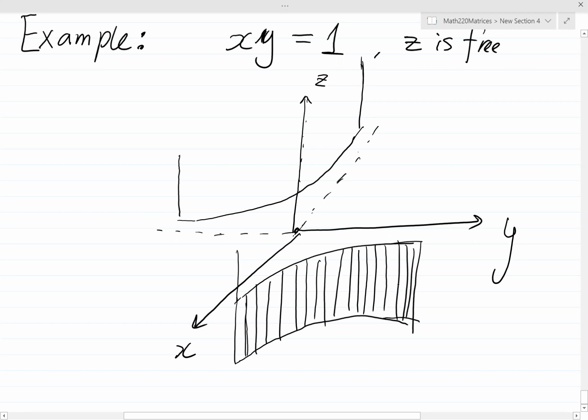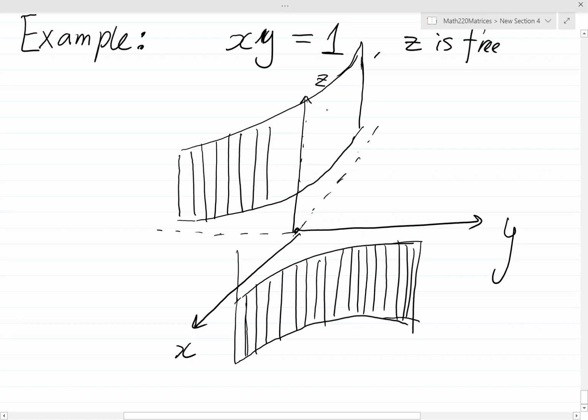And here we have this kind of surface. So this is what it looks like.